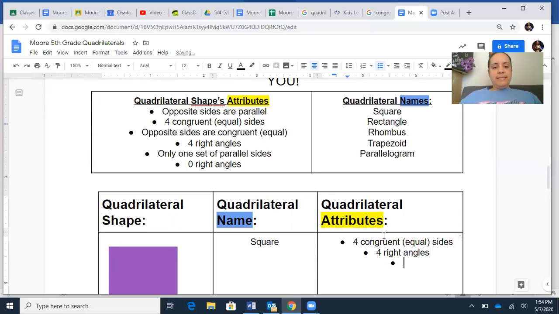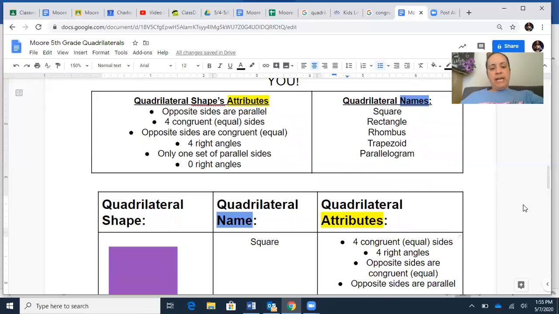I know a square has opposite sides that are equal. Opposite sides equal. Copy and paste. I know a square has opposite sides parallel. Opposite sides parallel. Copy and paste.